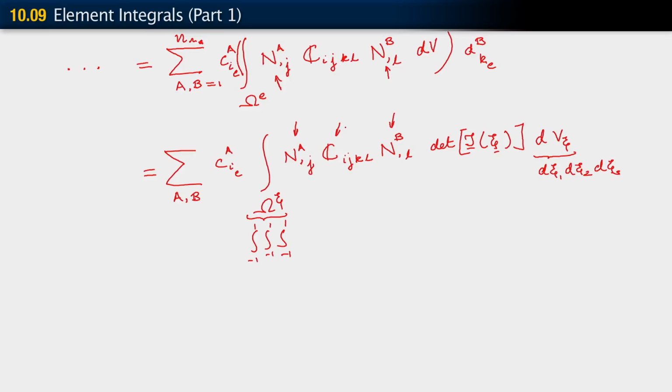In general, it too can be a function of position. That would allow us to go to inhomogeneous materials. All of that would simply add a higher order dependence on position to this integrand. And of course, we know that in general, the determinant would also involve a dependence upon position.